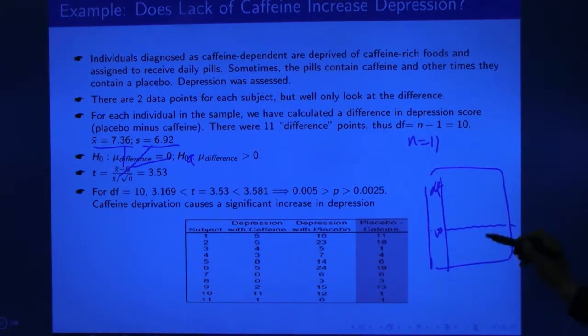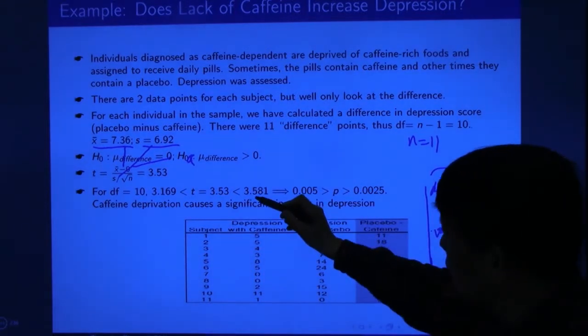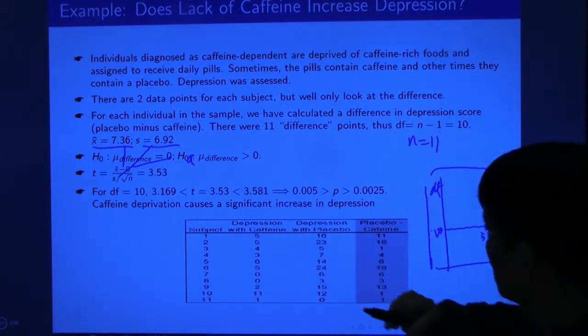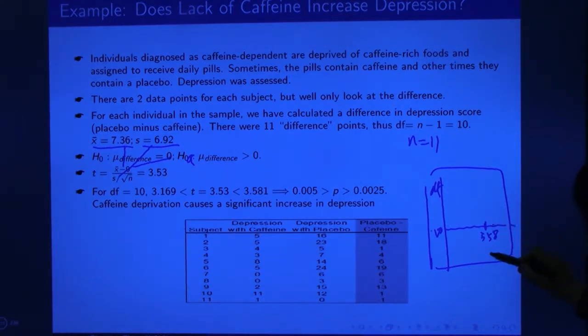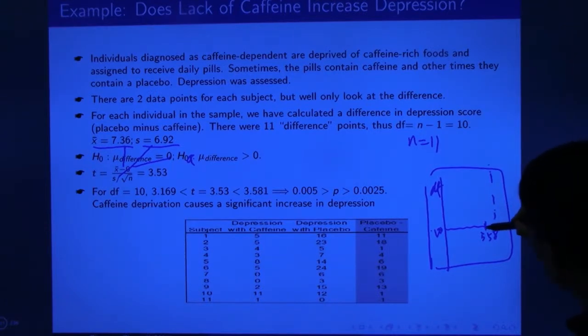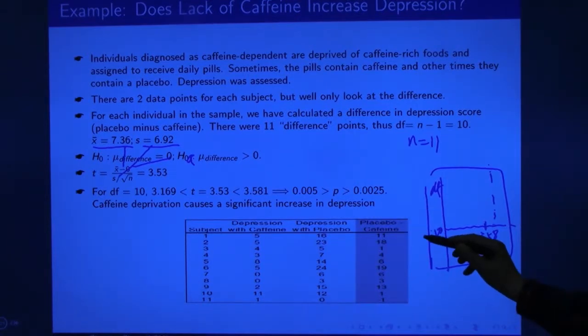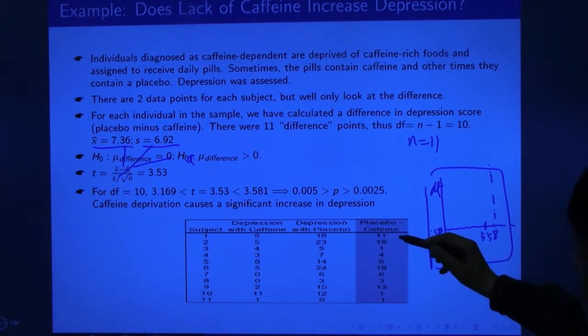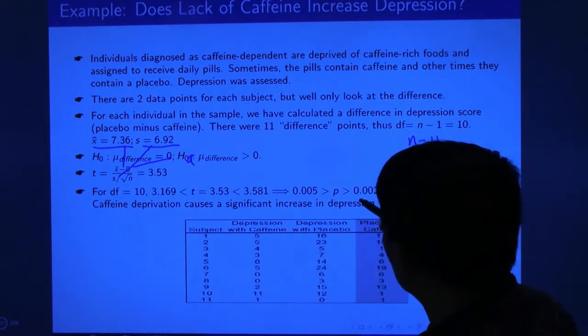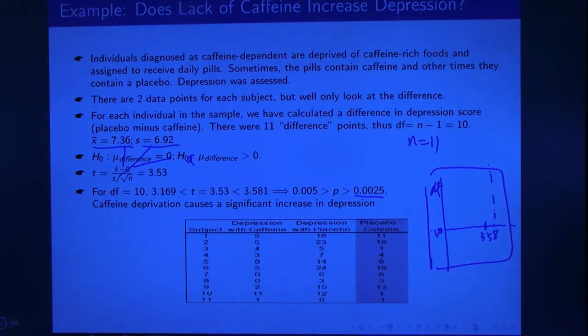So our t value is 3.53. We are looking for somewhere, and we found here 3.58, and our value is less than this one. So our value is here, and on the top that gives us the p-value. The p-value corresponding to 3.58 is this one, 0.0025.